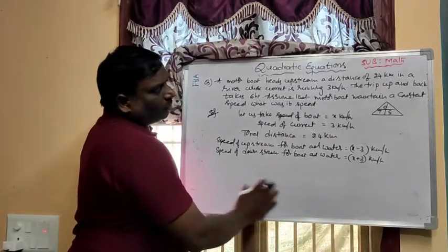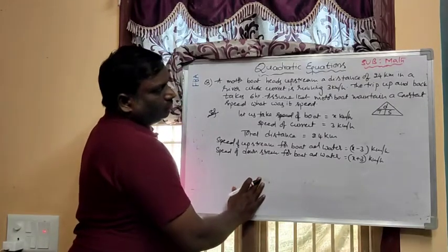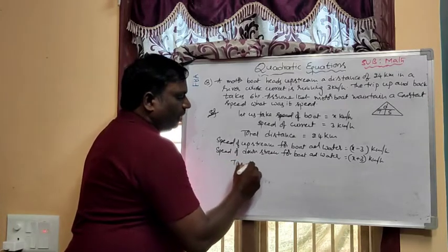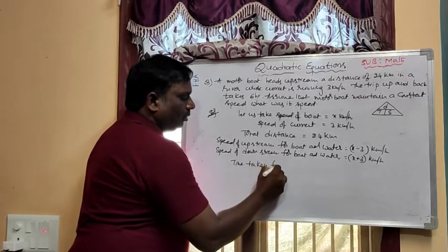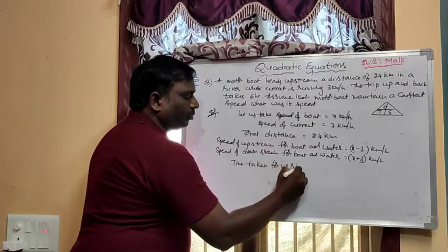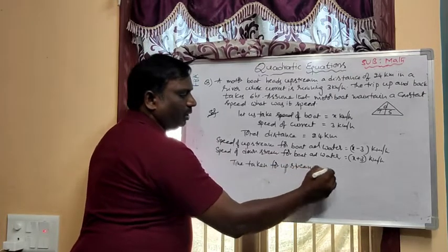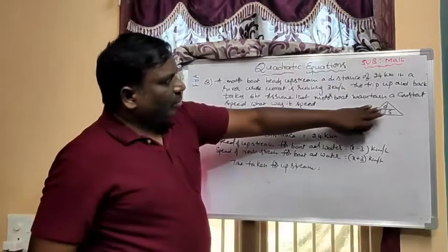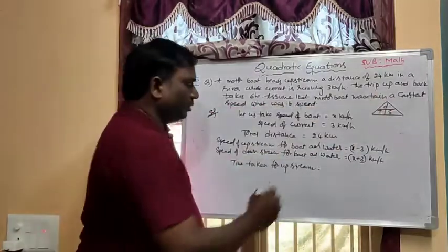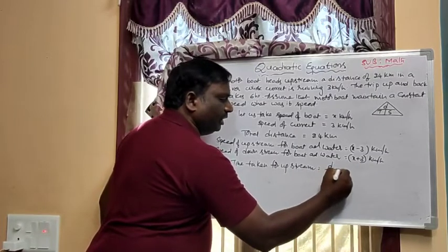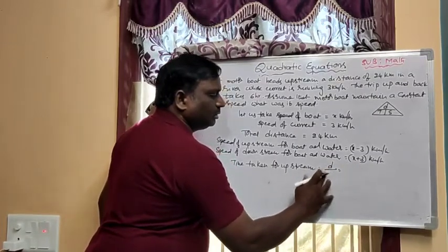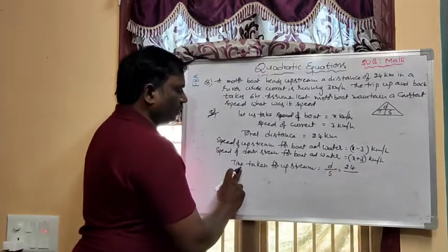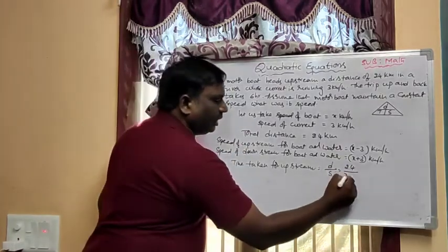Now, time taken for upstream. What is the formula for time? Distance by speed. The distance is 24 kilometers, upstream speed is x minus 3.